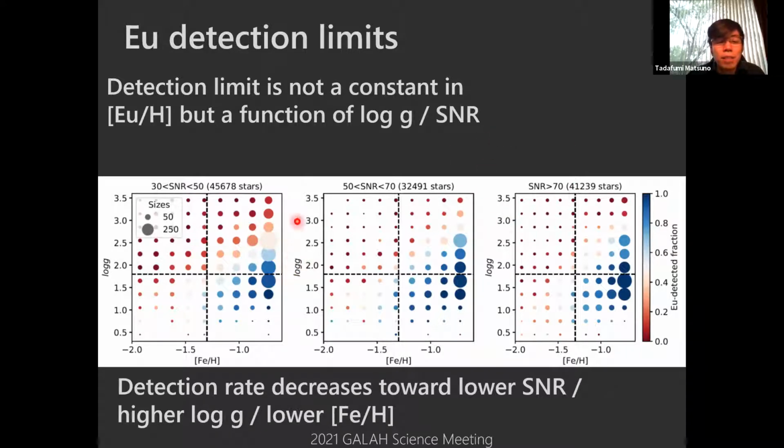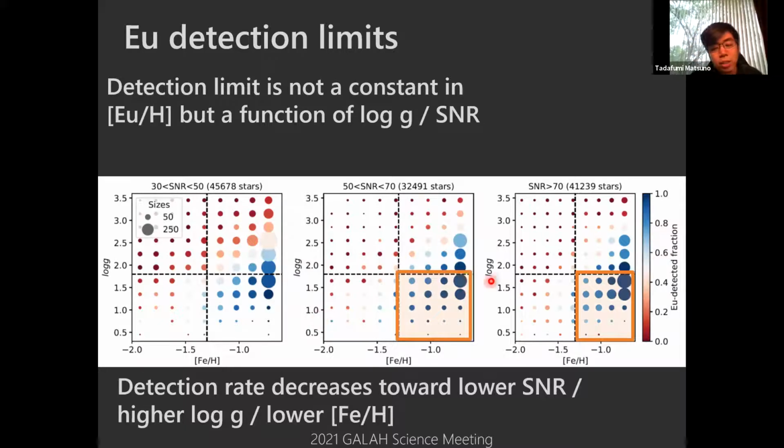In each bin, the number of stars is indicated by the size of the circle, and the color shows the fraction of stars with europium detection. Basically, blue color means most of the stars in this bin have a europium measurement in GALAH DR3. And as expected, the detection rate decreases towards lower signal to noise ratio, higher surface gravity, and lower metallicity.